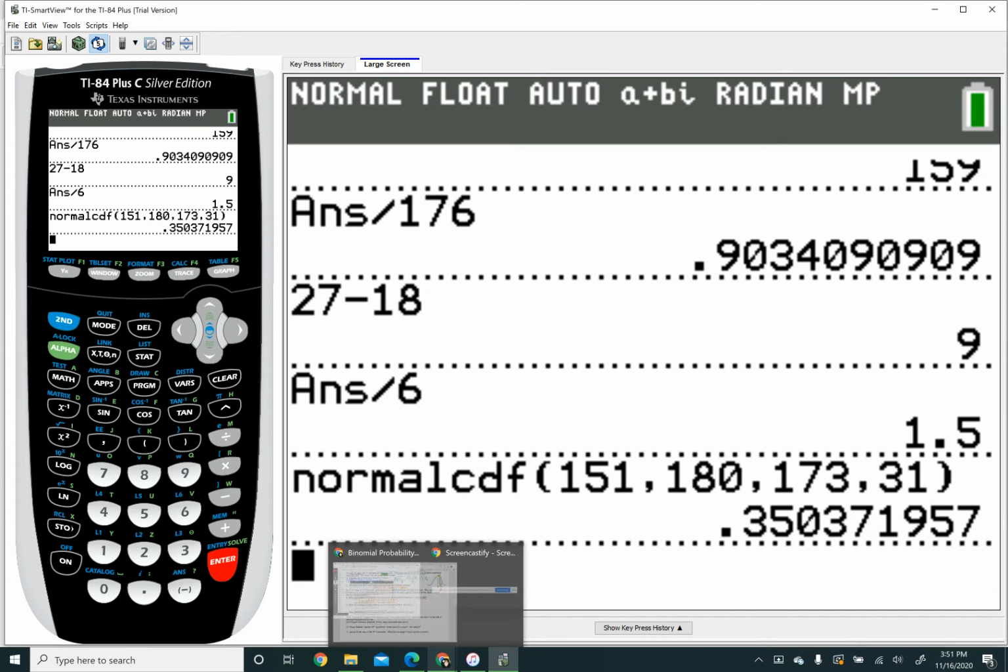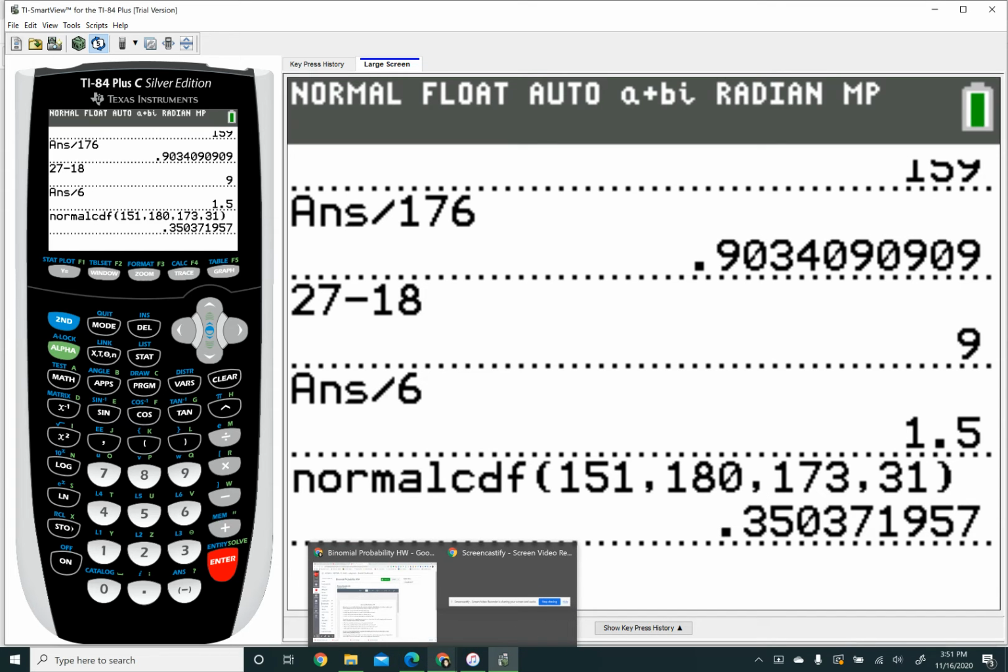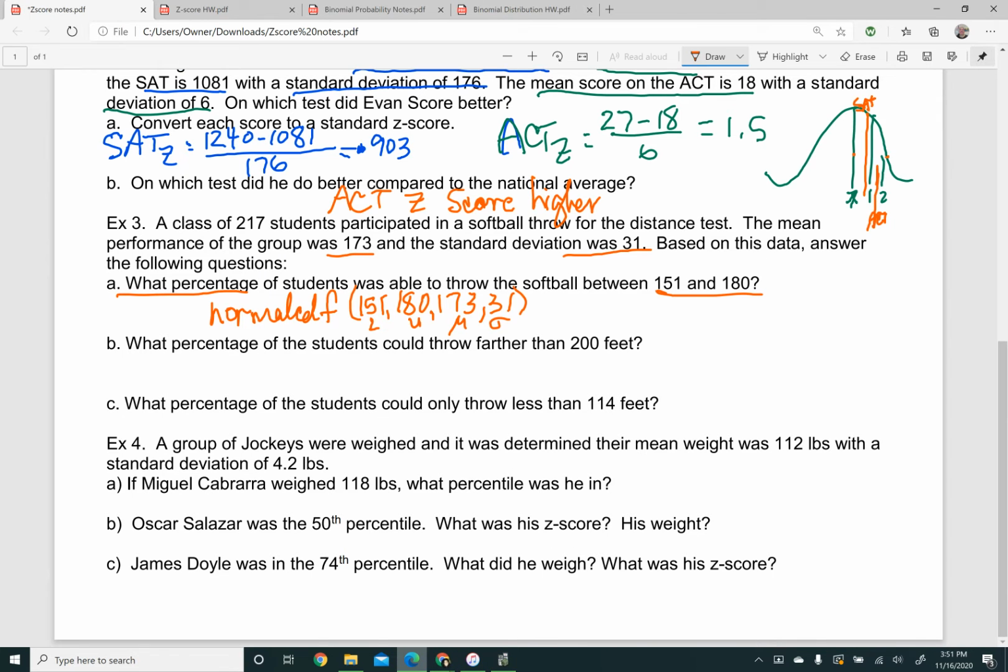When we did these normal tasks, we got a percent, but our calculator can't write percents, so it gives us the decimal value. We have to turn that back to a percent. So that's 35%. It says what percent of students could throw farther than 200 feet? So if it was from 200 feet and farther, I need to go to 999.